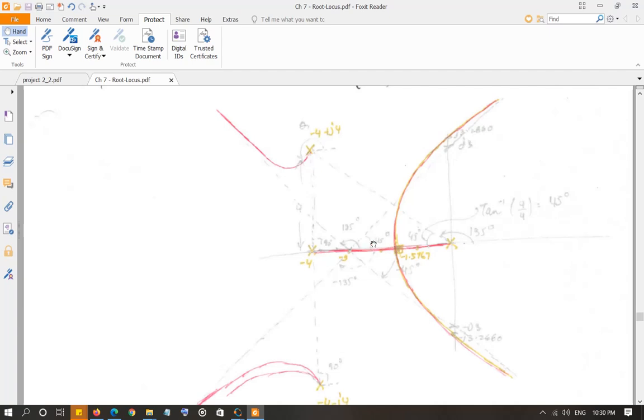This angle is 45, so we can determine sine of 45 is opposite side over x-axis. So if you want to know the opposite side, what is the height of the opposite side, then sine of 45 times the x-axis is going to give us the y-axis.